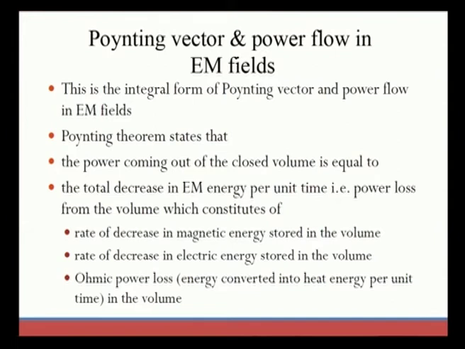These are the factors that affect the decrease in energy of an electromagnetic wave: the rate of decrease in magnetic energy stored in the volume, the rate of decrease in electric energy stored in the volume, and also the ohmic power loss, which is energy converted into heat energy per unit time in a particular volume.